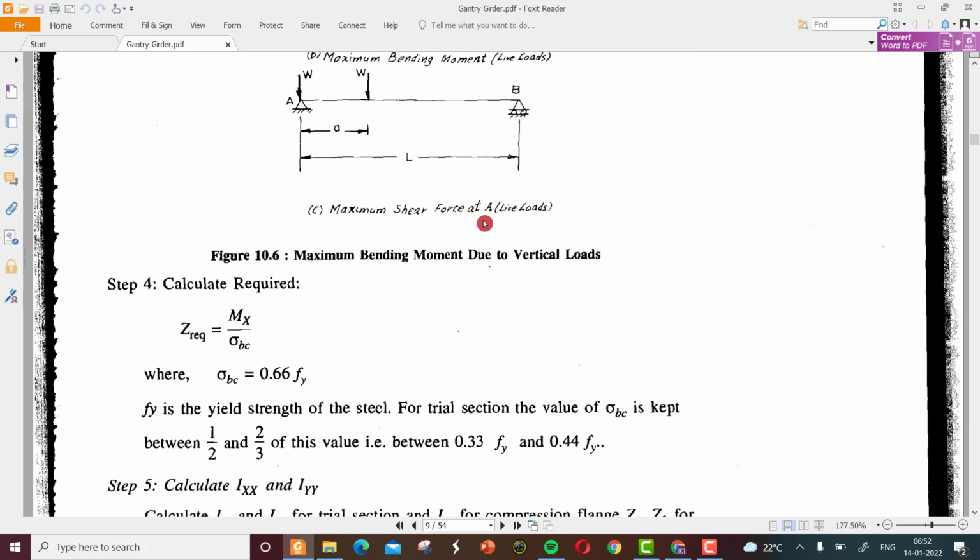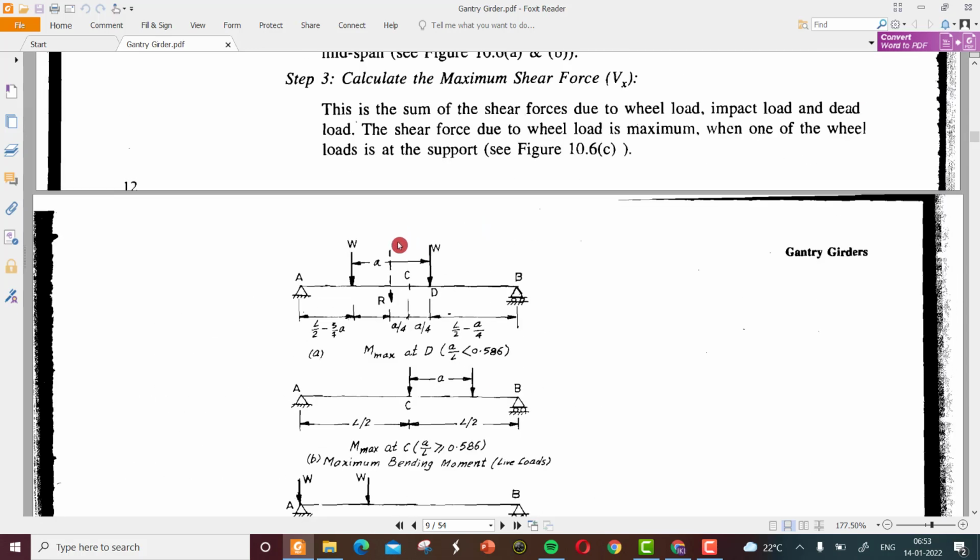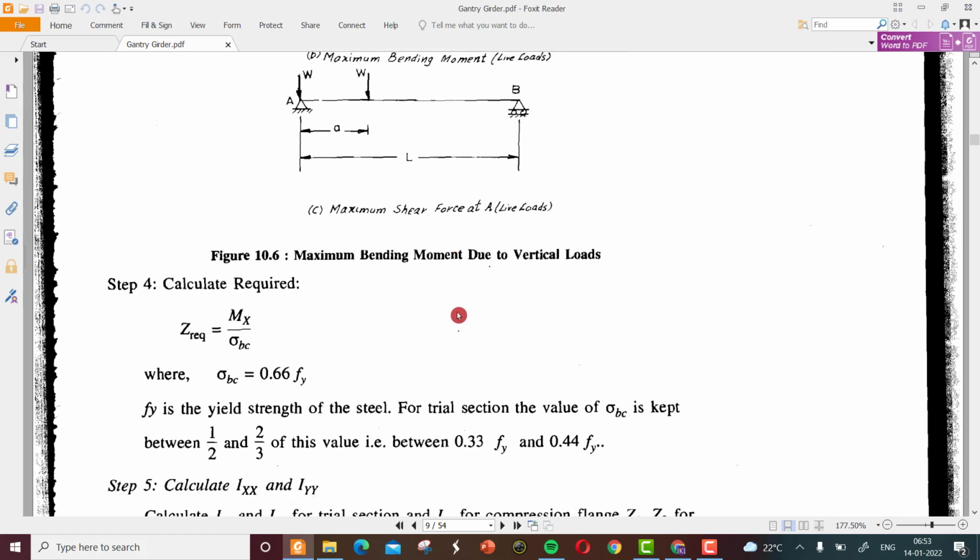After finding the maximum bending moment and shear force, we are supposed to design the gantry girder, this AB element, for these loads.